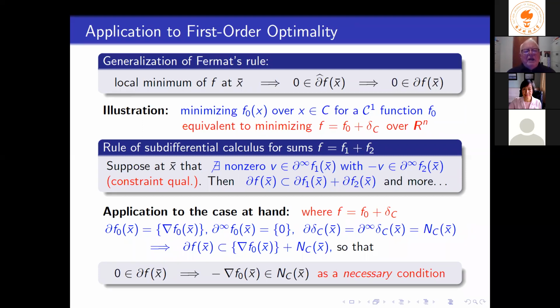The generalization, as we already know, is that if you have a local minimum, then in particular, 0 is a regular subgradient of the function at x bar. And since it's a regular subgradient, then in particular, it's a general subgradient. So this would be a necessary condition: for a local minimum, 0 should be a subgradient. Well, why don't I emphasize this condition, which is stronger?